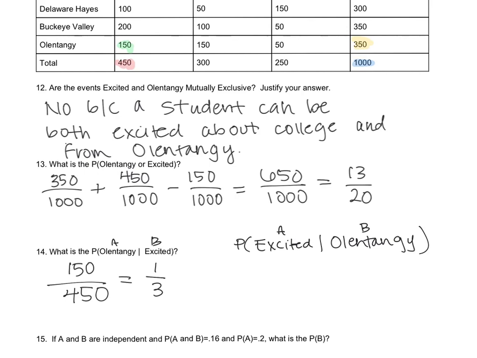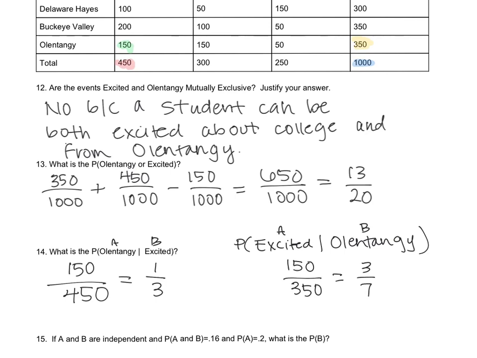We're still doing the probability of the student being excited and from Olentangy, which is still 150. What changes is our denominator. So because our second thing is now Olentangy, I'm going to put the 150 over the total number of students from Olentangy, which is 350. So now 150 over 350 simplifies to give us 3/7.